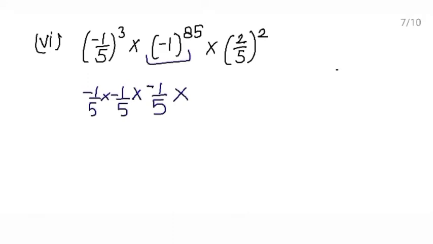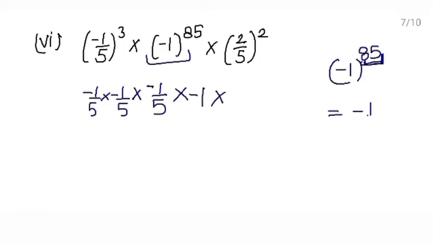So, as you know, if minus 1 is here and power is odd, 85 is an odd number na, so answer will be minus 1, right? If the power of minus 1 is an even number, the answer will be plus 1 in that case. But if the power is odd, then answer will be minus 1, right? So I am writing here minus 1.